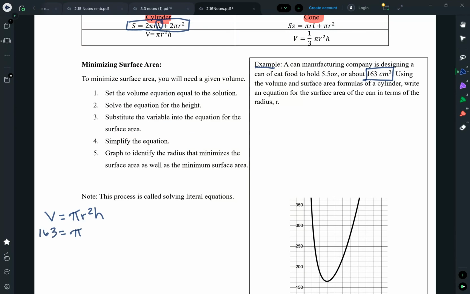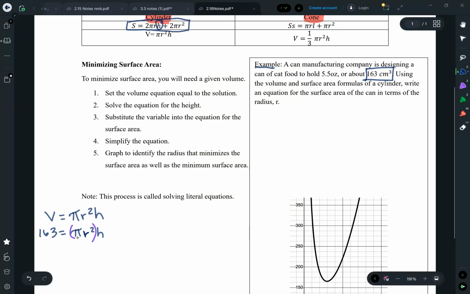This is a literal equation. Literal equations have more than one variable in them. This literal equation has an r and an h, and I want to solve it for h. So I've got to recognize that pi r squared is being multiplied by h, and so I should divide both sides by pi r squared. So this is kind of another Algebra 1 review topic.